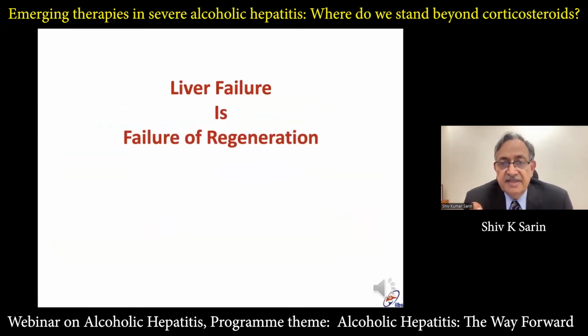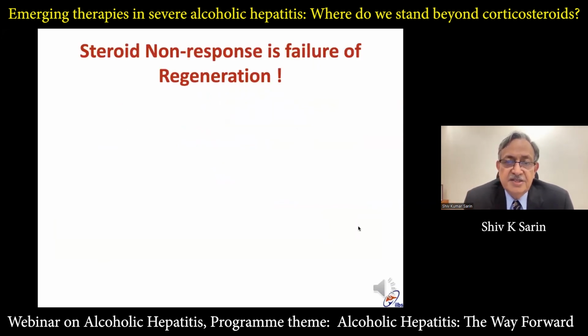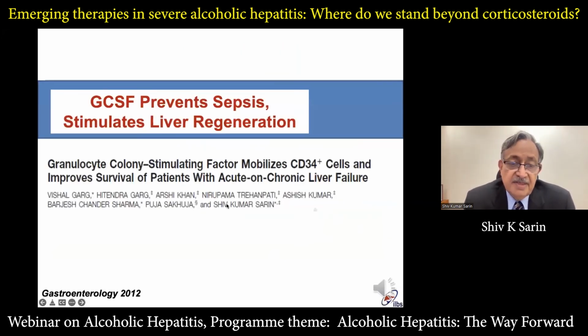Liver failure, in my opinion, is one word: failure of regeneration. And steroid response failure is failure of regeneration. It is the commitment of hepatocytes to cholangiocytes rather than hepatocytes. That is the major problem. GCSF converts the commitment to cholangiocytes to hepatocytes. It mobilizes CD34 cells.